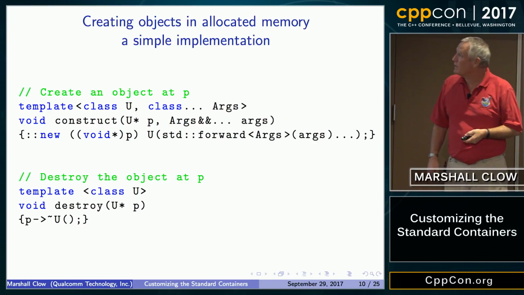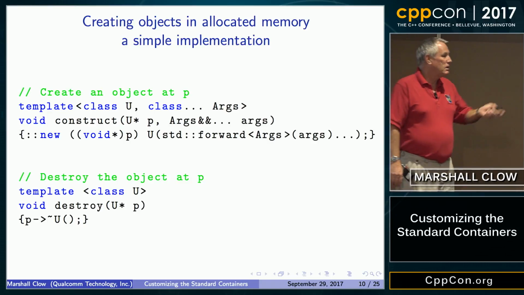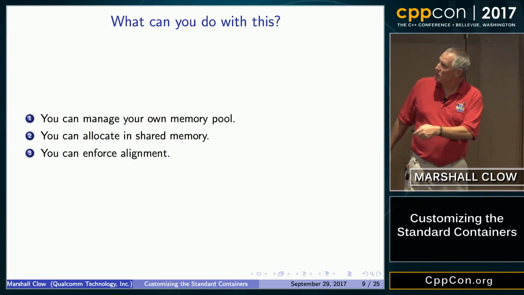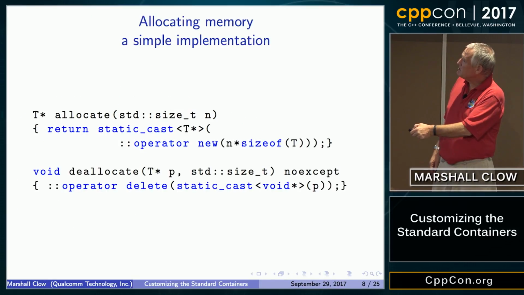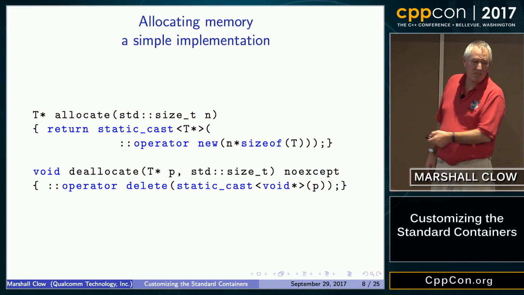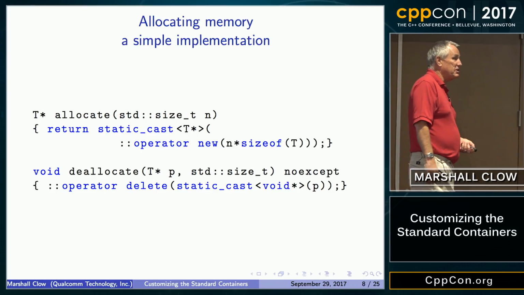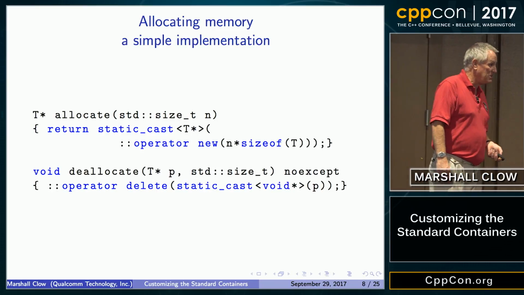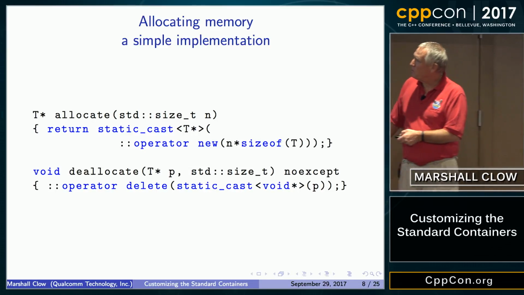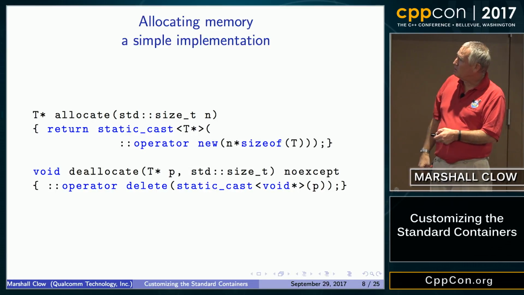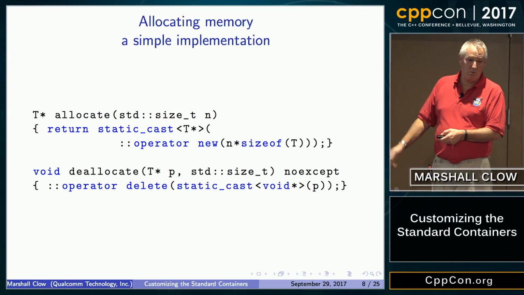Yes, you are exactly right. The question was, is the reason here that we are static casting this to void before calling delete, to prevent the destructor being run? And yes, it is, because we run the destructor somewhere else. If we just passed a T star, if we said delete P, it would run the destructor.